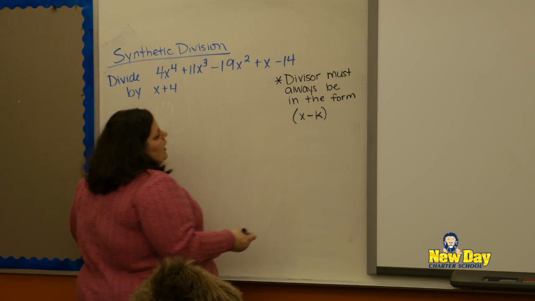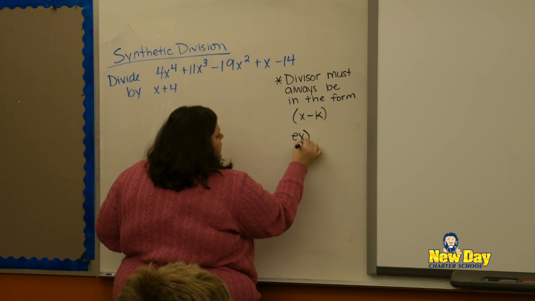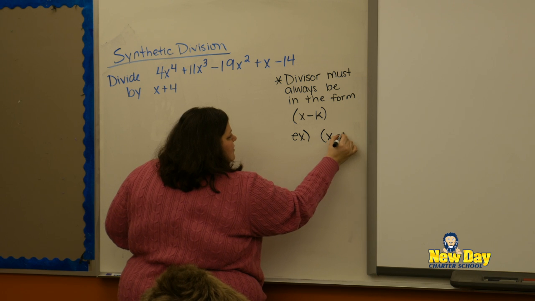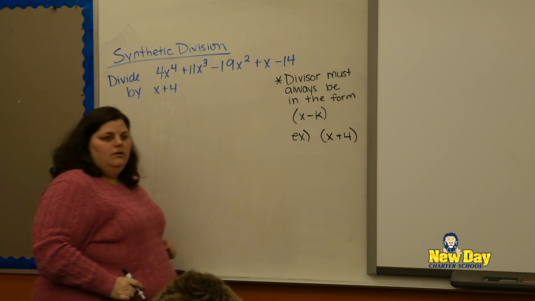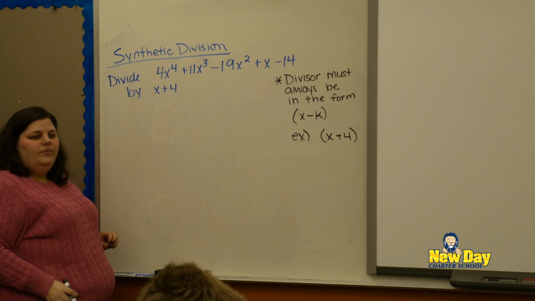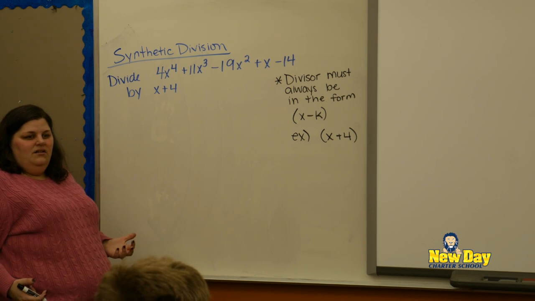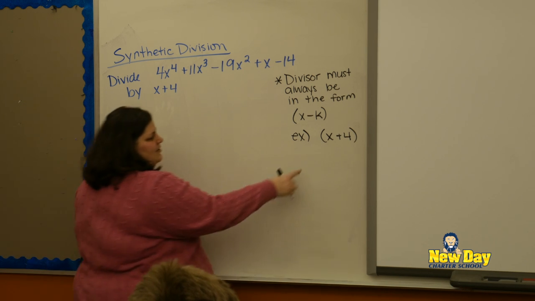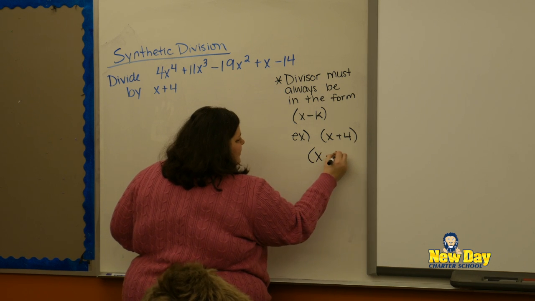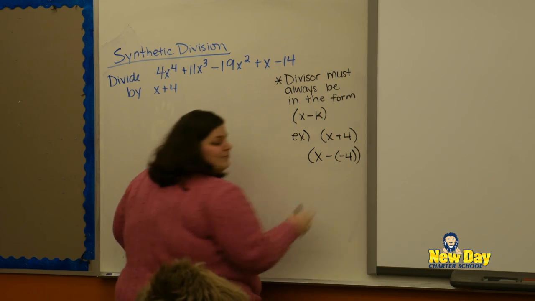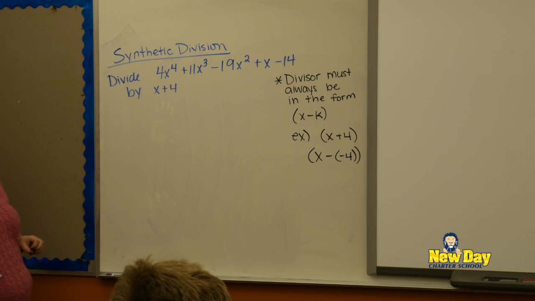Okay? However, for example, ours is x plus 4. But we have to be subtracting. So isn't x plus 4 the same thing as x minus negative 4? Is everybody with me on that? Okay?